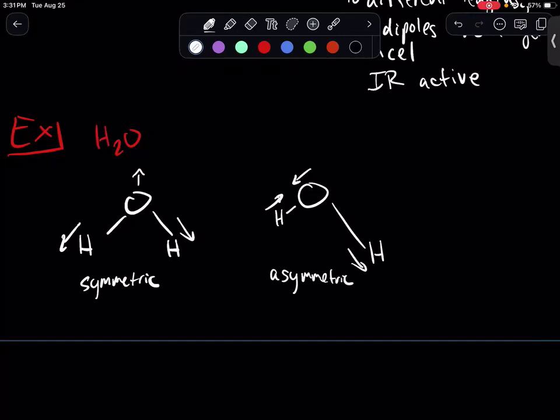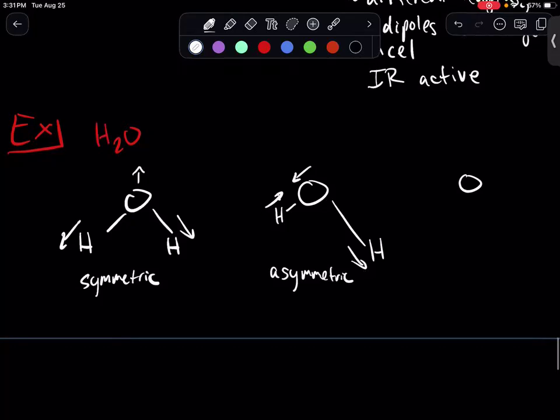And so both of these are going to be IR active, but water actually has a third mode of vibration, which I briefly mentioned. It has bending. So these bonds kind of bend up and that oxygen moves down. And yet it still remains asymmetric and it still remains a polar molecule. So water is always IR active.